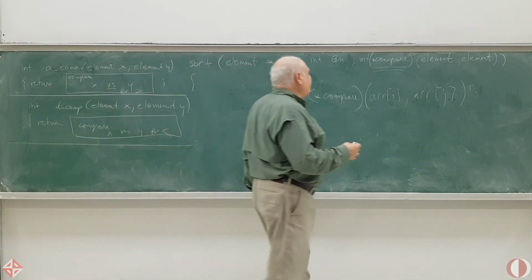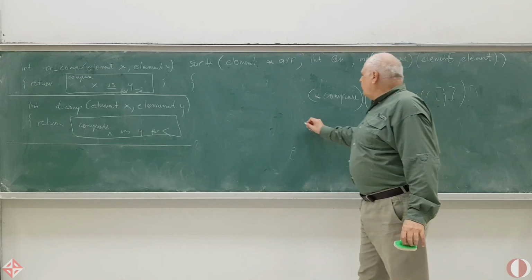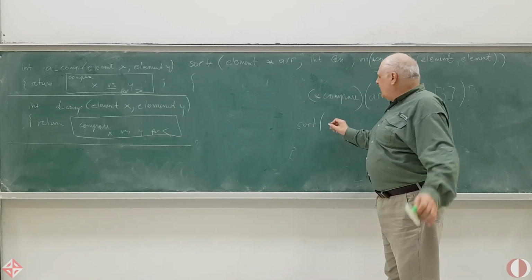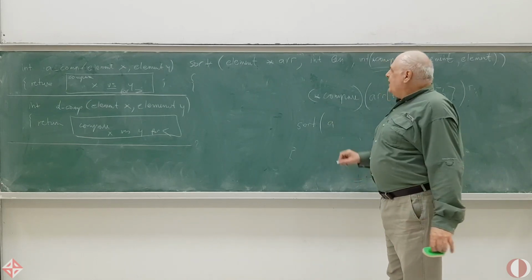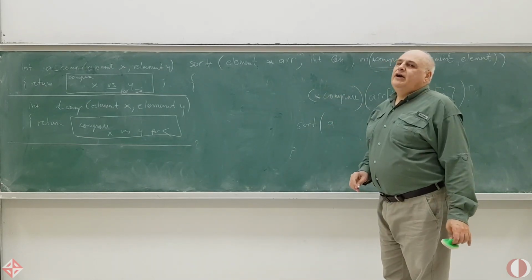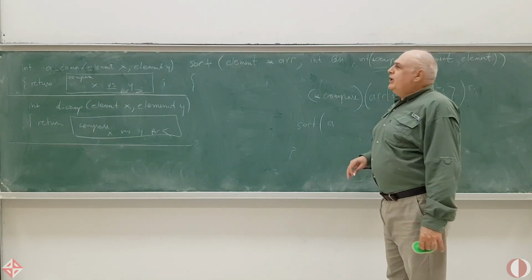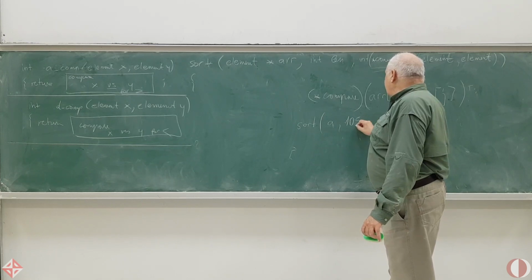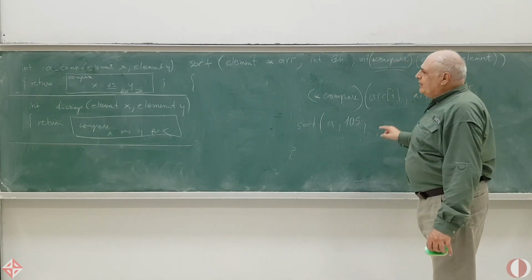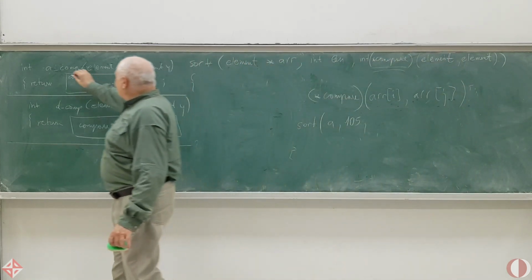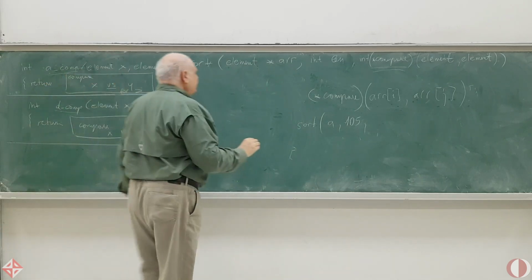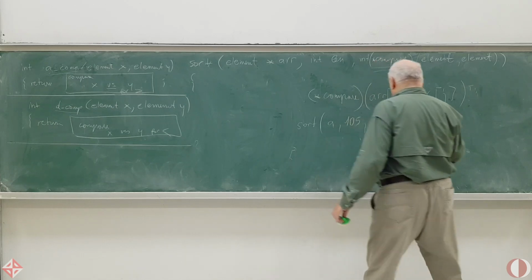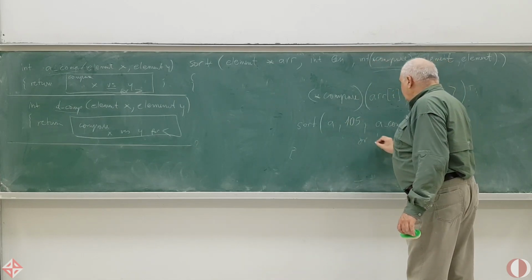And when it's time to call sort, I will call it with an array or a pointer to a malloc entity, and then here will go either this one or this one, or descending compare.